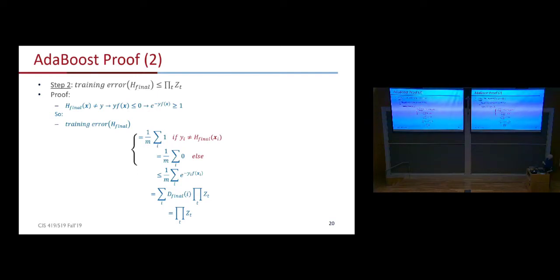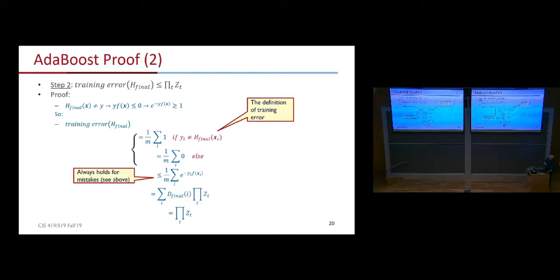So I'm basically counting all the examples on which I made a mistake. Now, given what I said here, I can replace this 1 by e to the minus y_i f of x_i, because it's greater than 1. So I'm replacing the 1 by something that is greater than it. And this is just the definition of training error, as I said. This always holds.